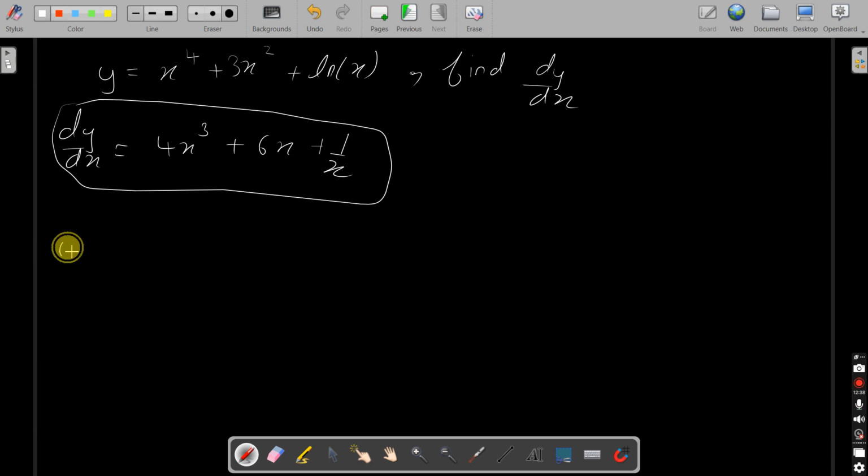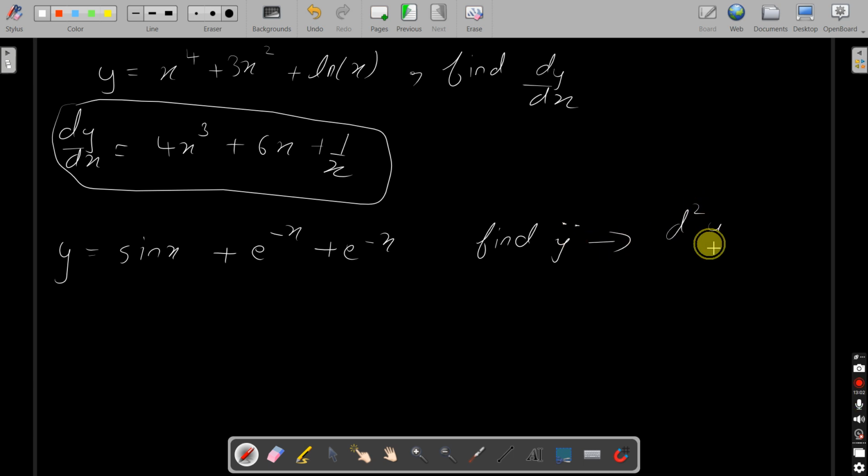One more question. y is equal to sin x plus e to the power x plus e to the power minus x. We have to find y double dot. Now y double dot equals d square y upon dx square. It's nothing but differentiation of dy by dx, two times.